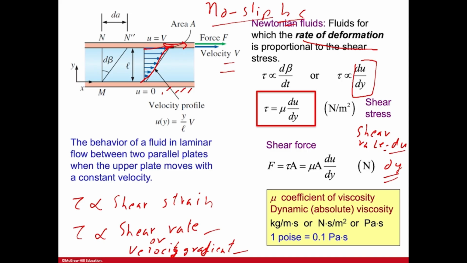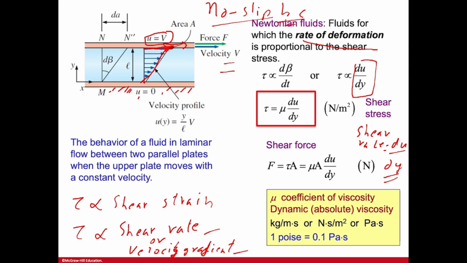So in this case, the velocity of the liquid right next to the top plate is this velocity v. Now the bottom plate is stationary, so the fluid in contact with the bottom plate is going to have the same velocity as the bottom plate, which is 0.